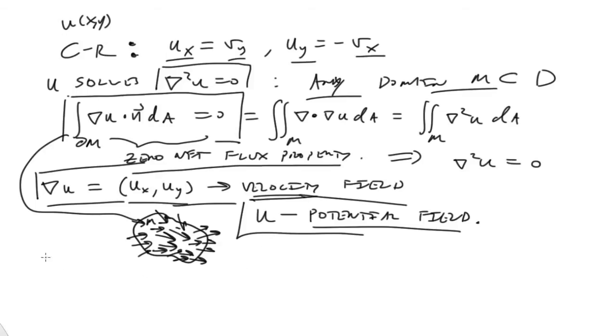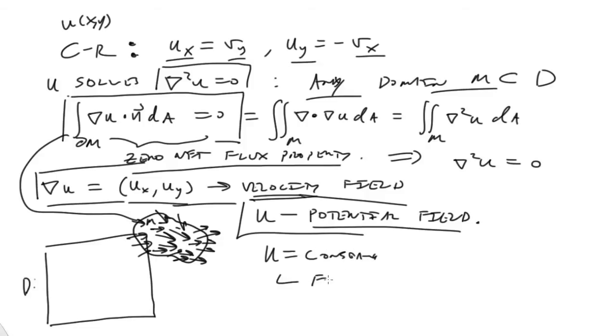First of all, if I think of my big domain here, I'm just going to write it like it's some big box. And if I set U equal to a constant, I'm going to find all the level curves.